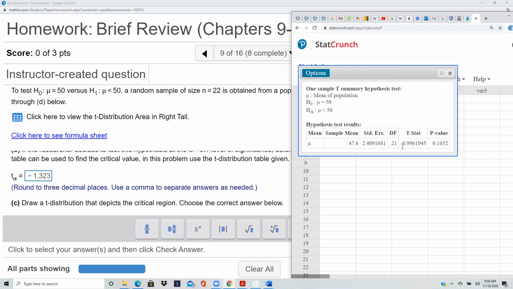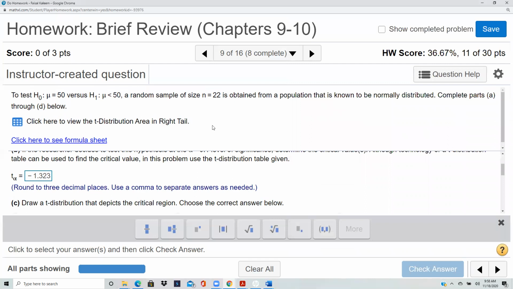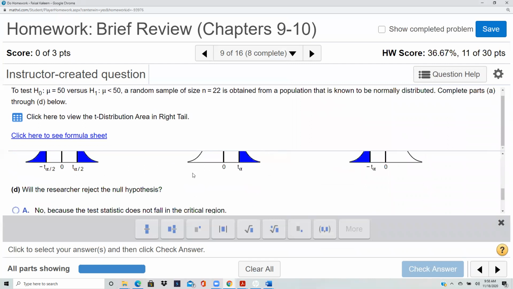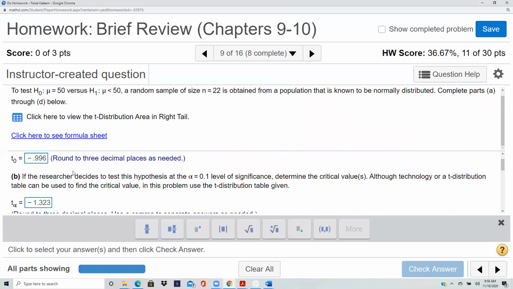So is it this problem where it was negative 0.996? So I think it's this. The p value is 0.1652. Yeah, it is this problem.